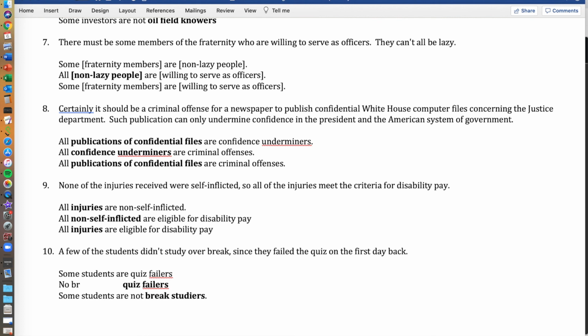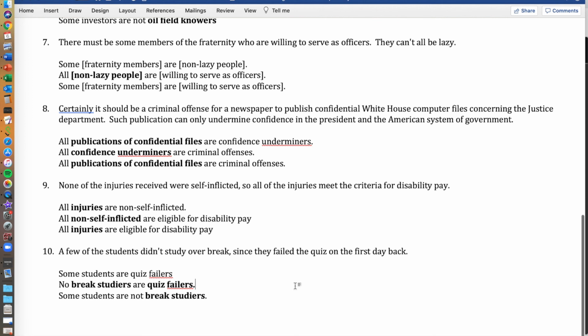No break studiers are quiz failures. In other words, no students who studied on the break failed the quiz when they came back after the break. And then it would be distributed in both places, and both terms in a universal negative are distributed. So here's a valid syllogism with the missing premise as the universal negative.